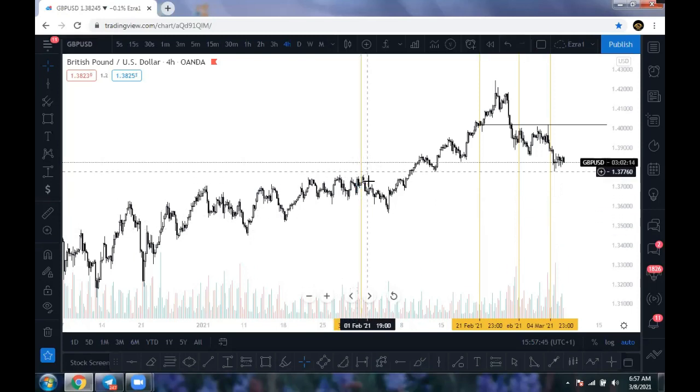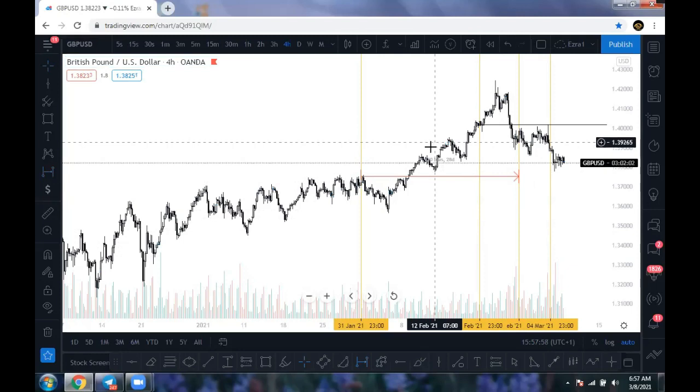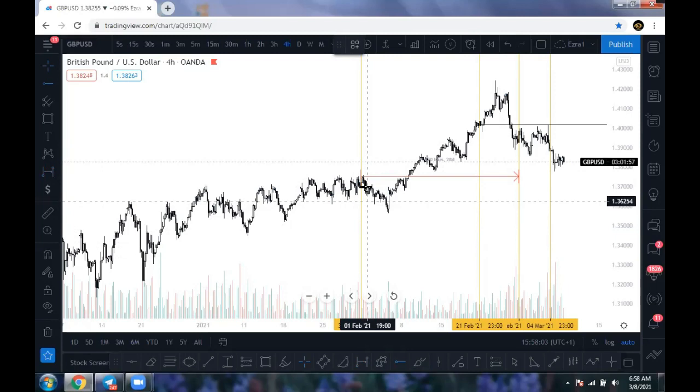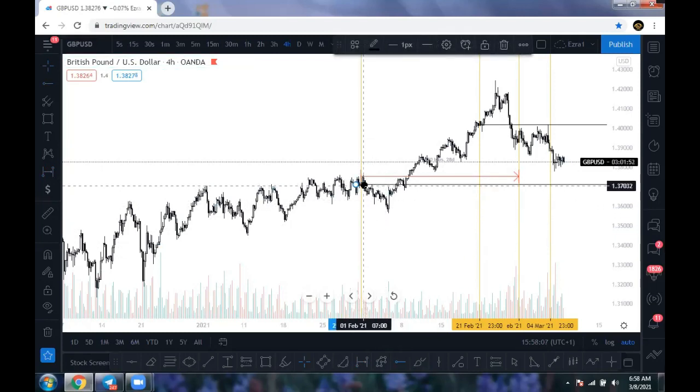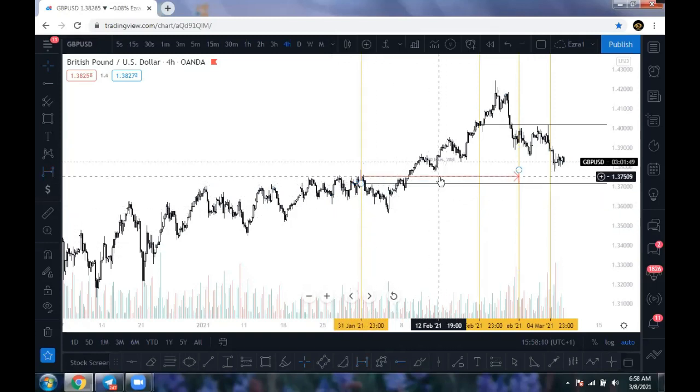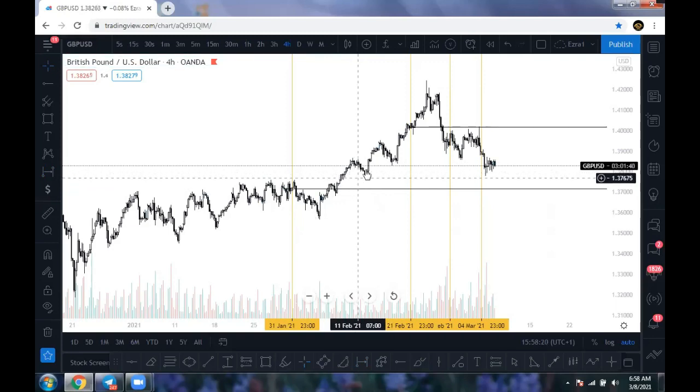So this is the opening of a month. From this point to this place is a month. So you note your monthly opening. This monthly opening gives us an idea of our monthly range.